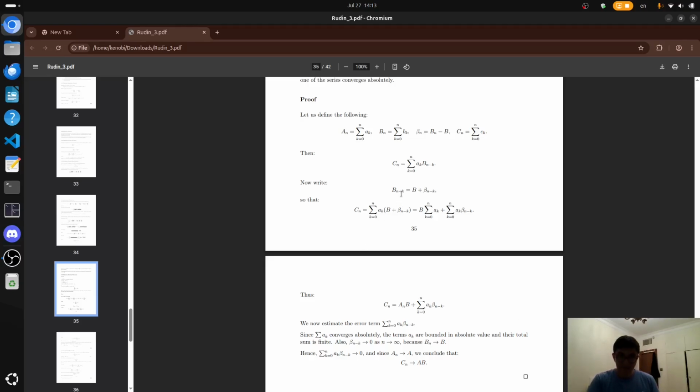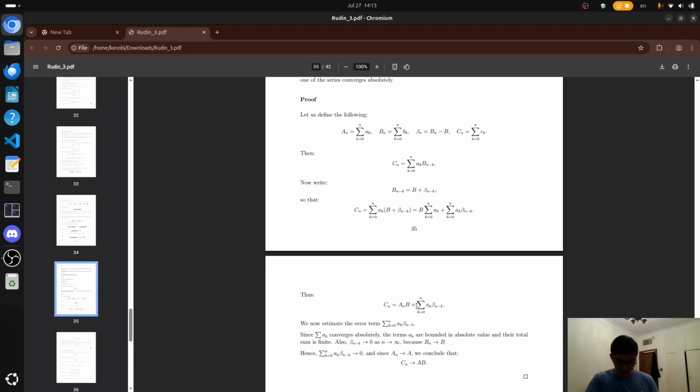And using this that we defined here, we can replace it with n minus k. Put it back in here, you're going to get this.